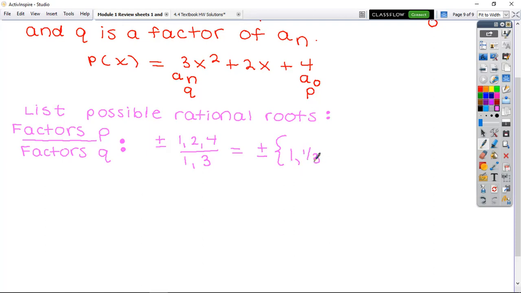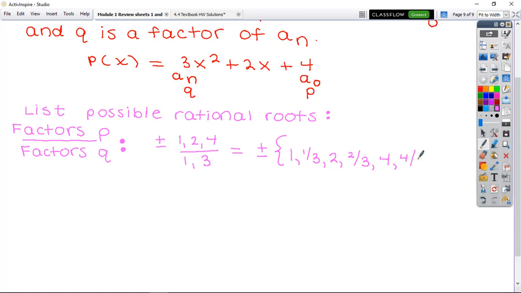Because remember, 1/3 is rational. Now I go to the next number. So I go to the 2. 2 divided by 1 is just 2. 2 divided by 3 is 2/3. 4 divided by 1 is 4. And my last combination would be 4 divided by 3.